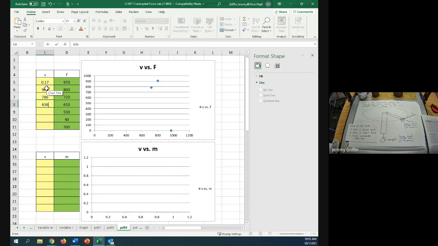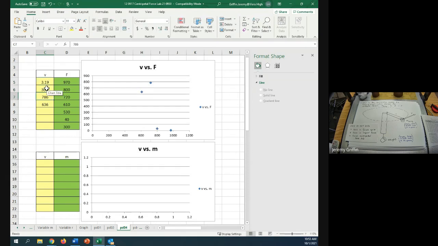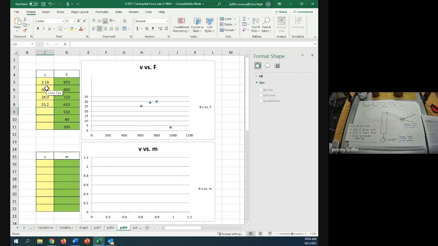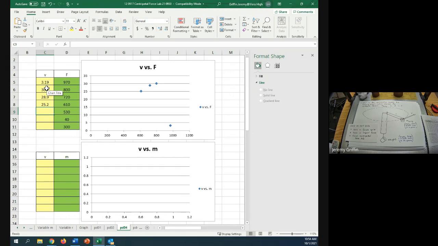Oops, I'm doing the wrong column. We're gonna go back. Just the plain V. A couple of these look like outliers, right? 1, 2, 3, 4, 5.